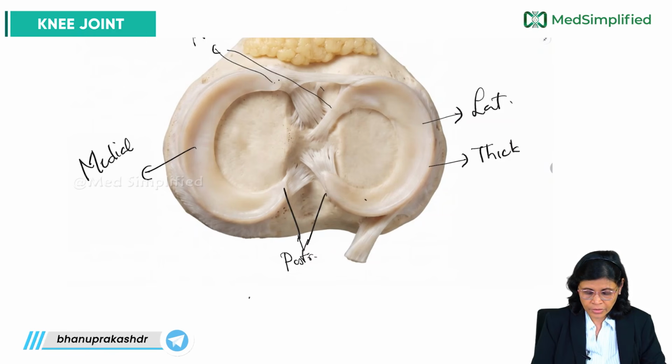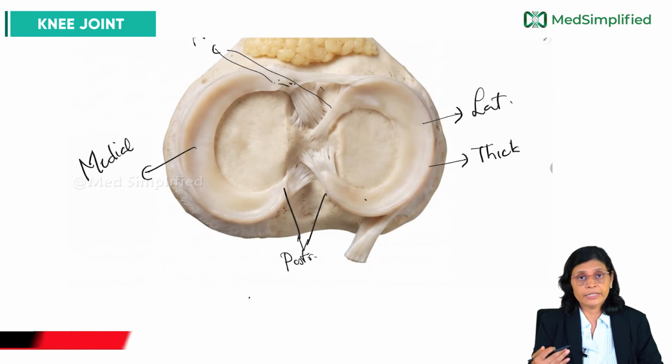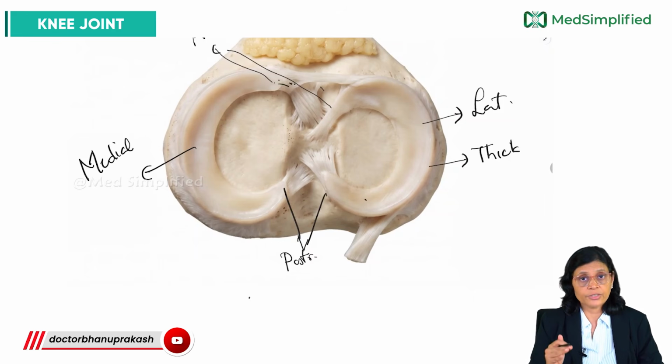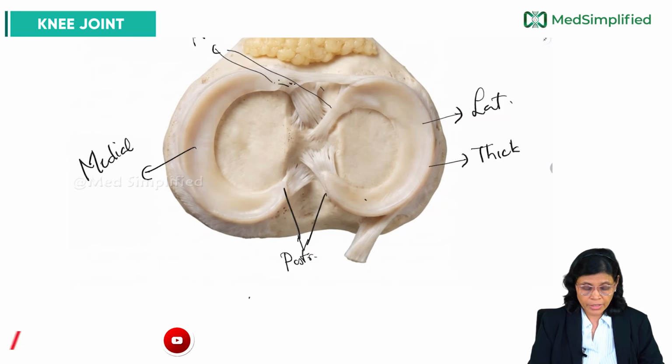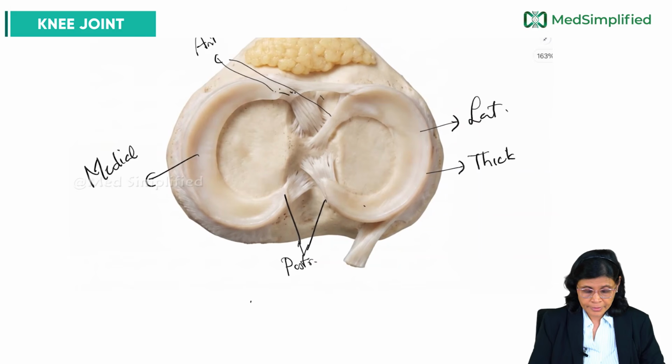The medial meniscus is also adherent to the deep part of the tibial collateral ligament, which had two parts, the superficial and the deep.